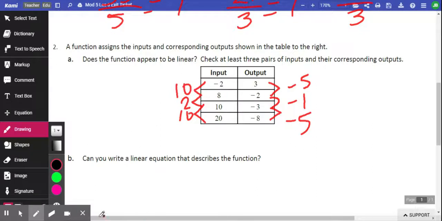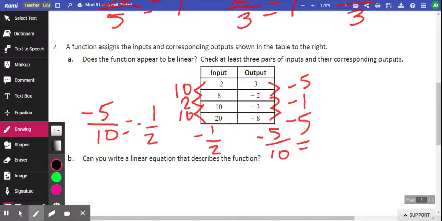And here it's 10. So when we compare them, you have -5 over 10, which reduces to -1/2. Then you have -1/2. That can't be simplified. And then -5 over 10, which reduces to -1/2 also. So all of these are the same.